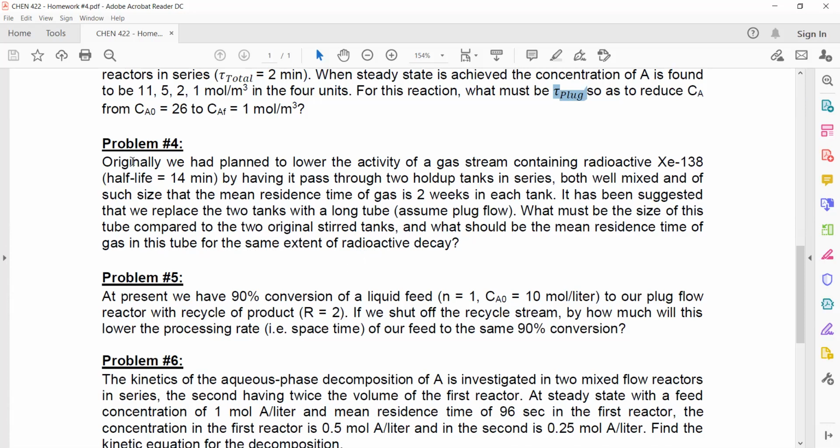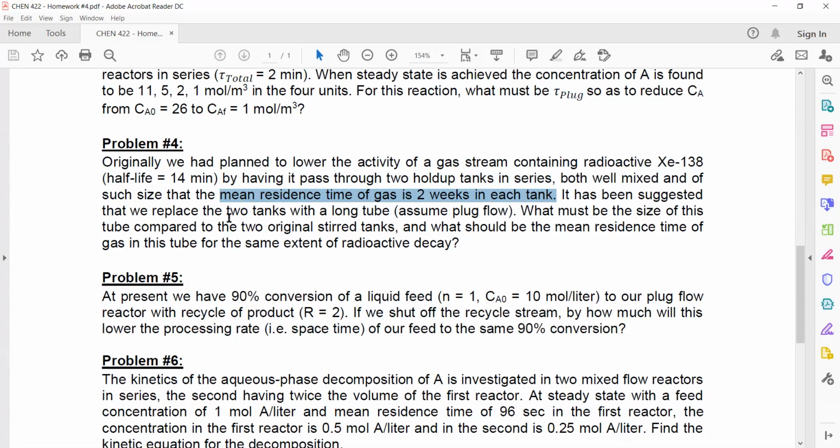So we're given radioactive decay, which is first order kinetics. You're given some half-life information, which you can use to get the K value. You're told I'm passing it through 2 CSTRs, well mixed, and residence time is 2 weeks in each tank. And it has been suggested that we replace the 2 tanks with a long tube, so a large PFR.